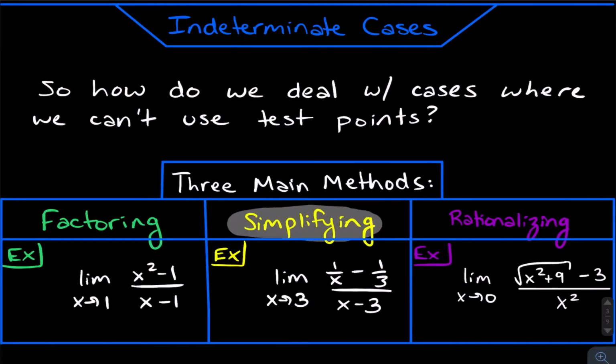Now we could also do some simplification, and most often that simplification is by finding common denominators. If we found common denominators, we do a little bit of simplification, and we'll do an example with this later. We can get rid of the 0 in the denominator, so we won't have to deal with it anymore.